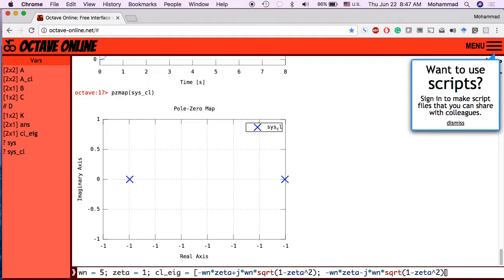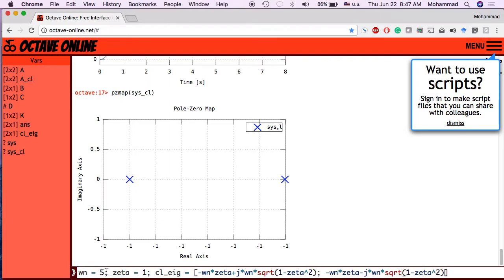So as I've shown you before, you can create eigenvalues by values of omega and zeta by realizing that for a second order system, the two eigenvalues are located at minus zeta omega n plus minus j times omega n times square root of 1 minus zeta squared. So because I don't know the exact value of the eigenvalues, I only know for the second case that I want to create an omega n of 5 and zeta of 1.